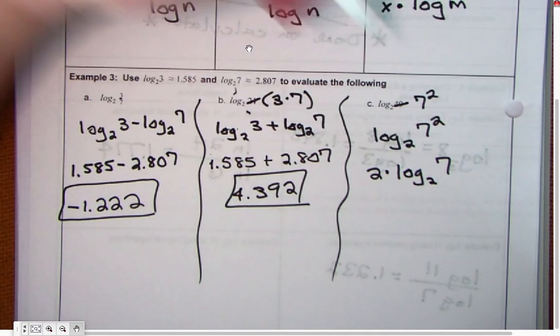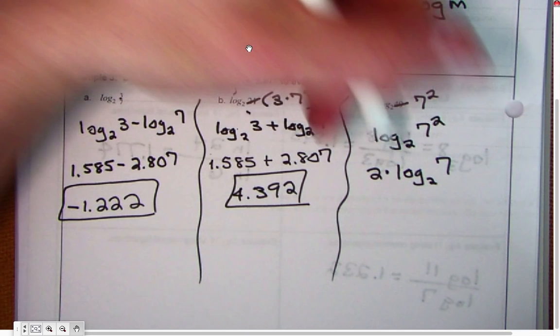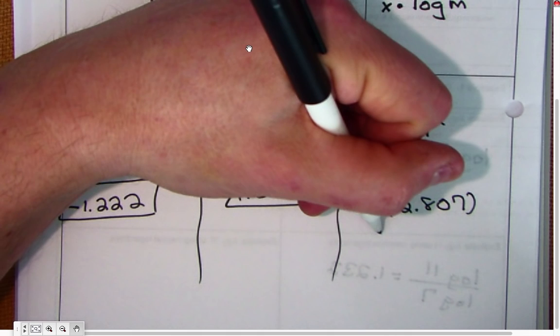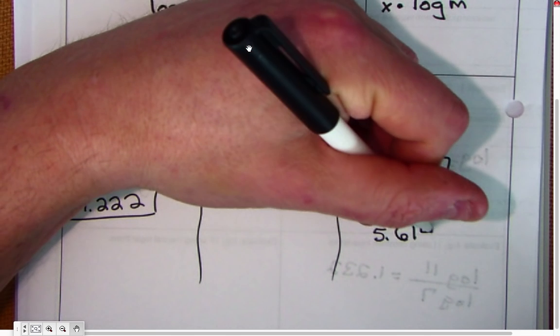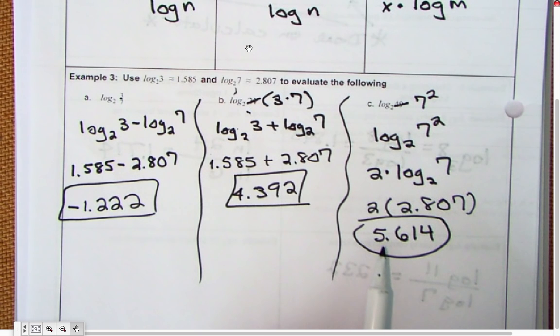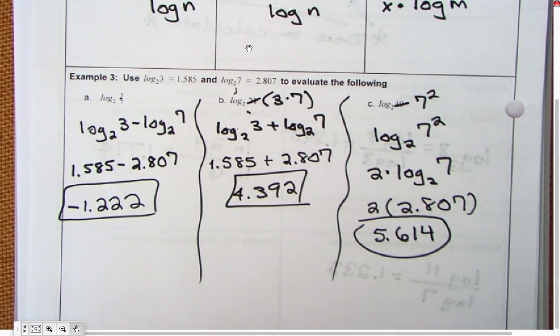And the logarithm base 2 of 7 is 2.807, so it becomes 2 times 2.807. When you multiply those out, you get 5.614. So that means 2 raised to the 5.614 is approximately 49. All right, so that's using those properties with numbers.